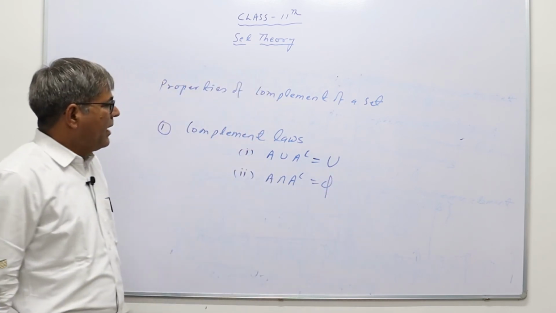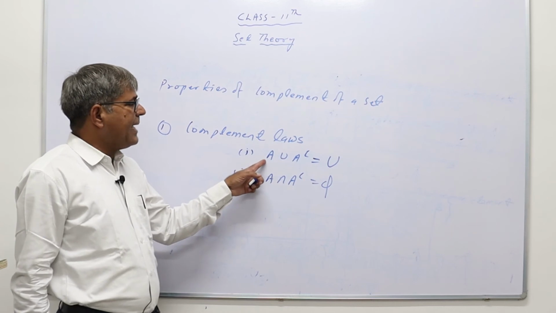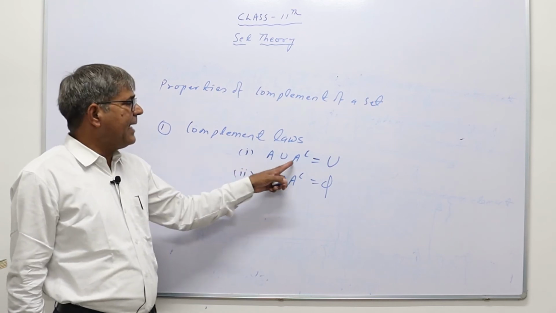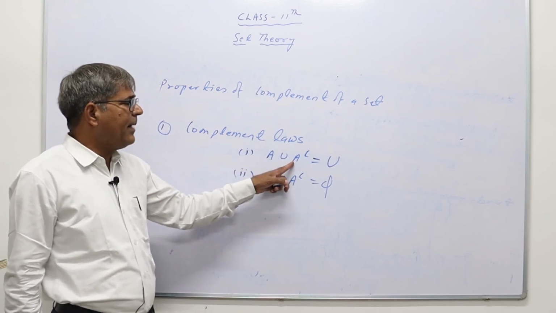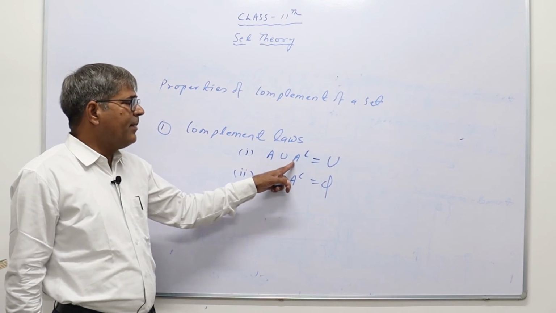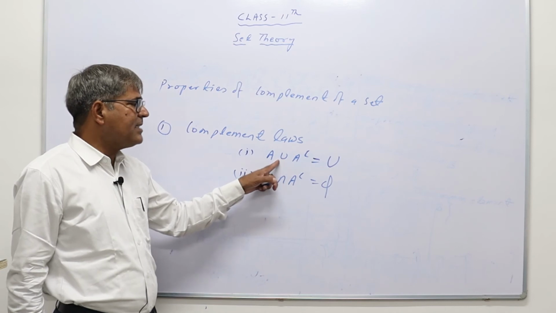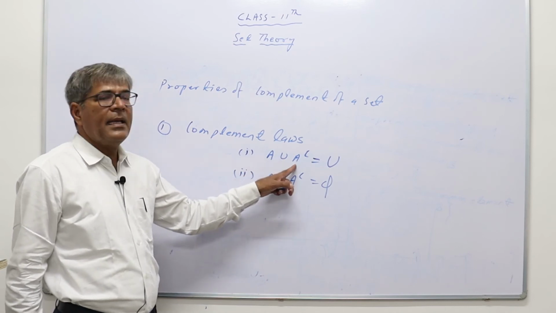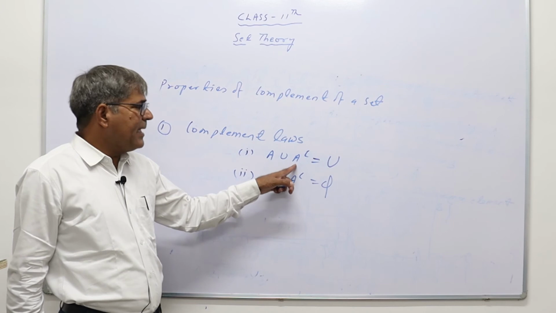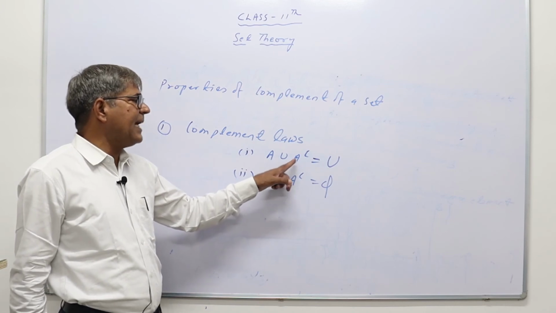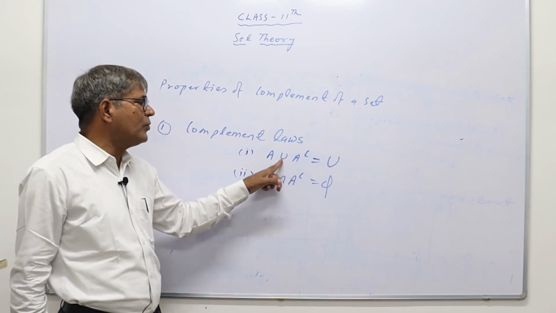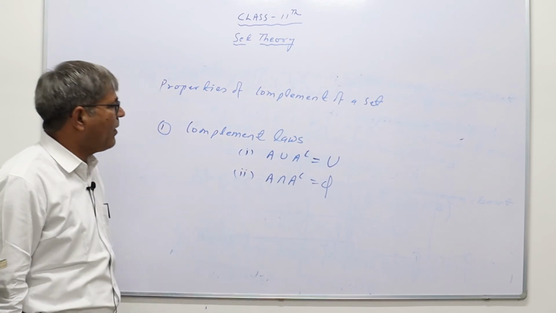So try to understand what is A. A is the given set, and A complement means those elements which are in the given set U but not of A, means directly we have to subtract the elements of A from U. So the remaining elements will be A complement.